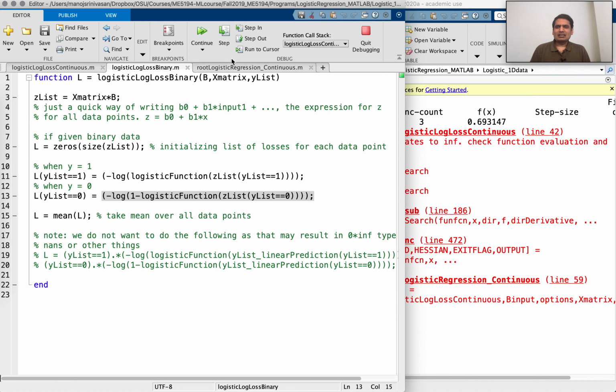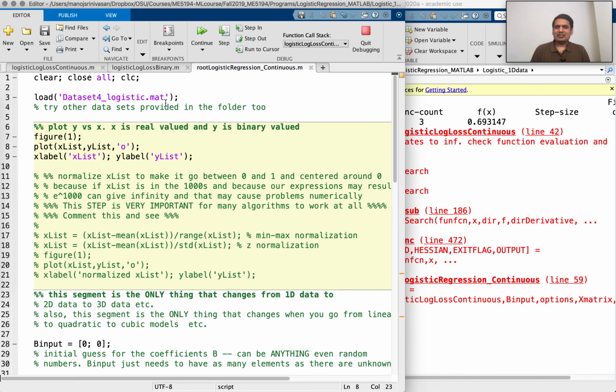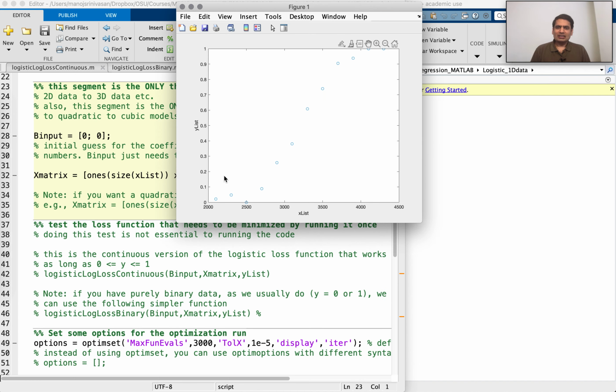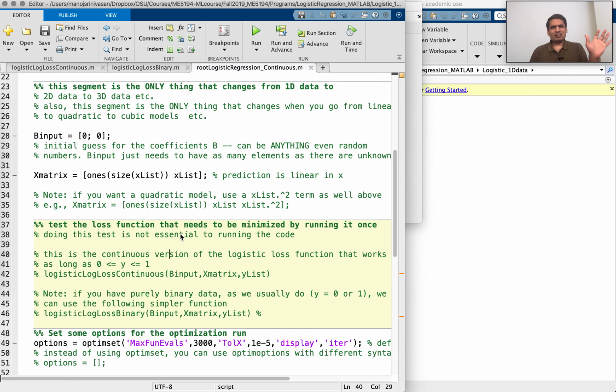The clue actually lies here. It's kind of a very subtle point. Let me run this and plot this again. Okay, so this is y as a function of x. And notice that x is in the many thousands. For the logistic function, the sigmoid function, we are trying to evaluate a function that looks like 1 over 1 plus e to the power minus (b0 plus b1 x) or something like that.